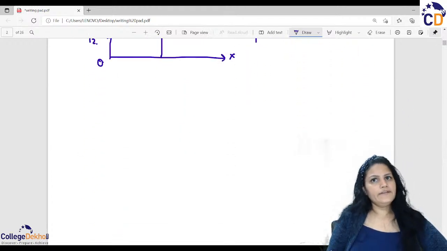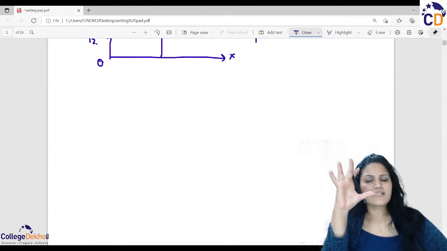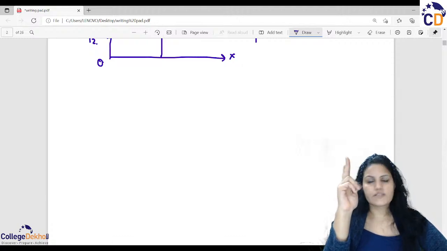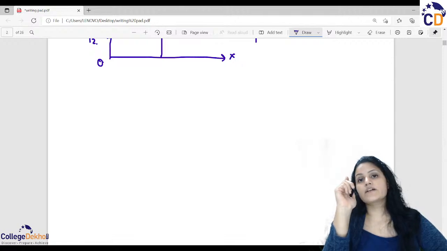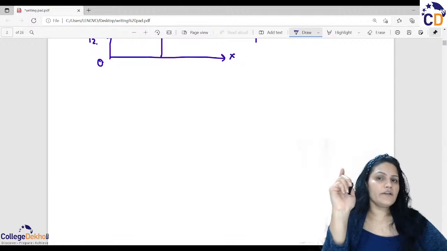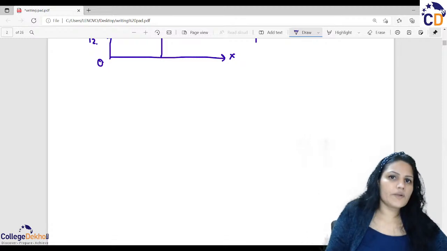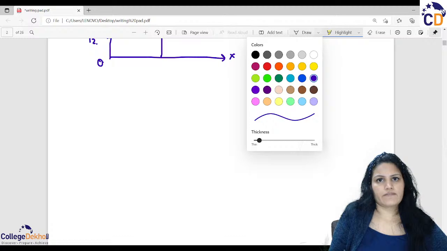Moving ahead, there are 5 points under the price elasticity of demand. Today we are going to cover 3 points. First we already covered the perfectly elastic demand, and second the perfectly inelastic demand. The third point is unitary elastic demand.